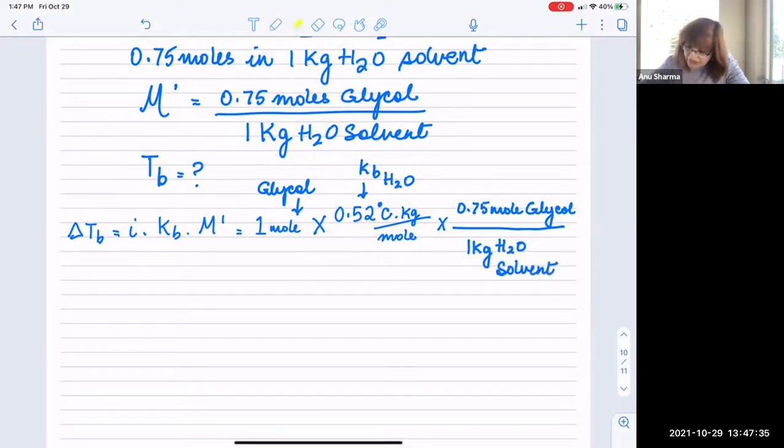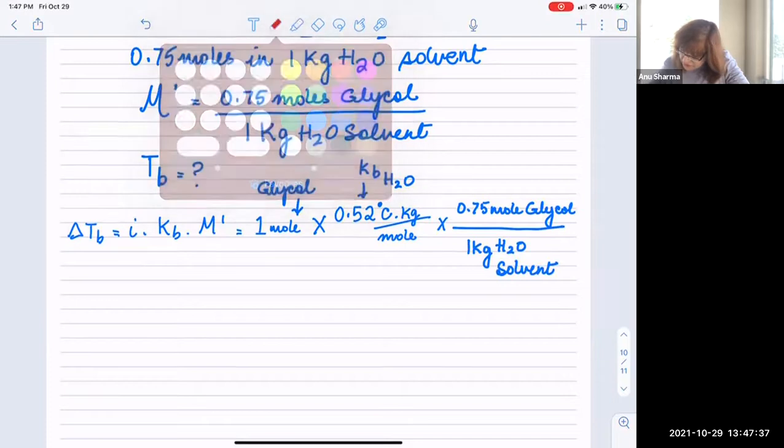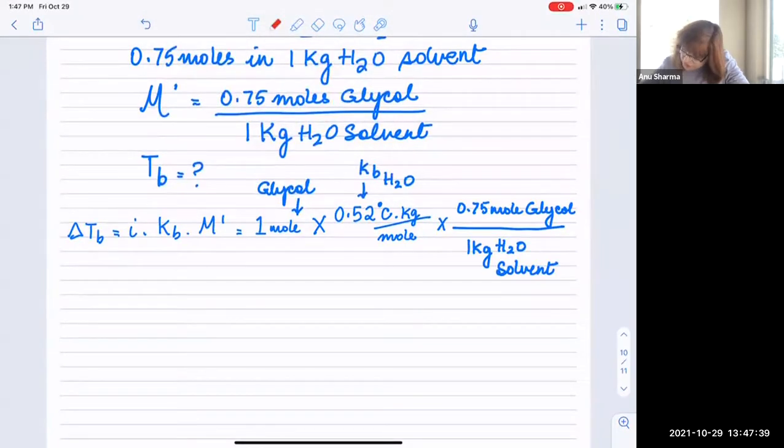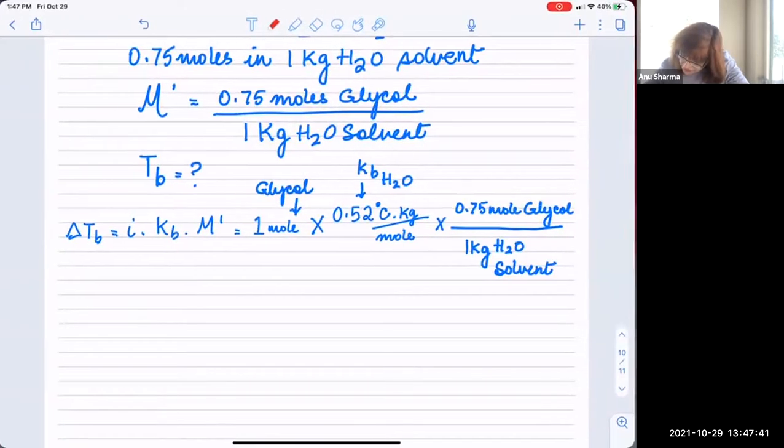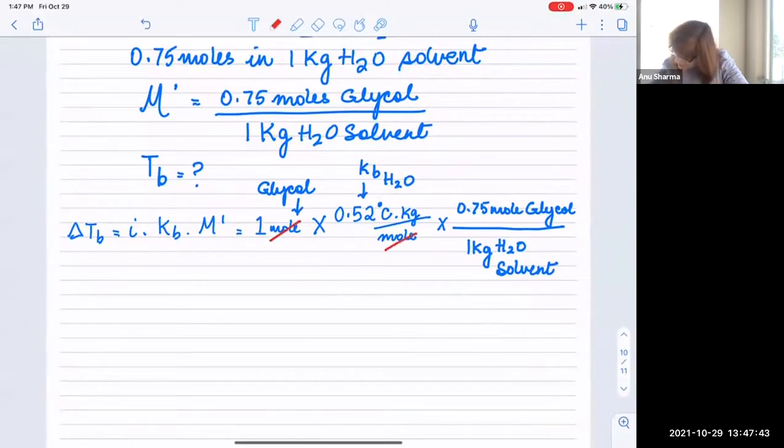So moles and moles cancel out, kilograms and kilograms cancel out.